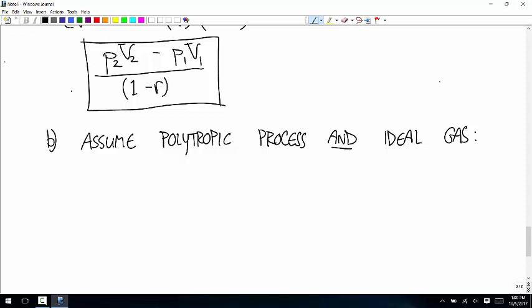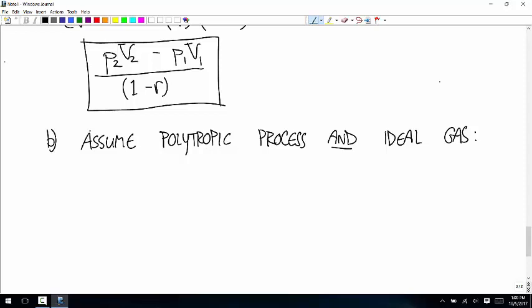In this first case where we didn't assume it was an ideal gas, we got all this stuff in terms of two properties. Now we're going to add another relationship, which should allow us to eliminate one of these variables that we have in here. So it sort of makes sense that if we're going to use both of these, we should be able to represent that work of expansion in terms of a single variable.